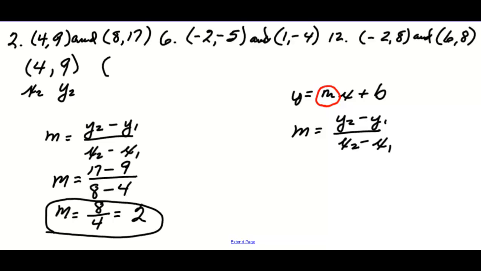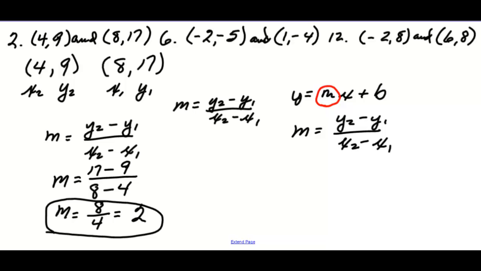And for 8, 17, they're going to call this x1, y1. So let's take a look now. Using our formula, m equals y2 minus y1 over x2 minus x1.